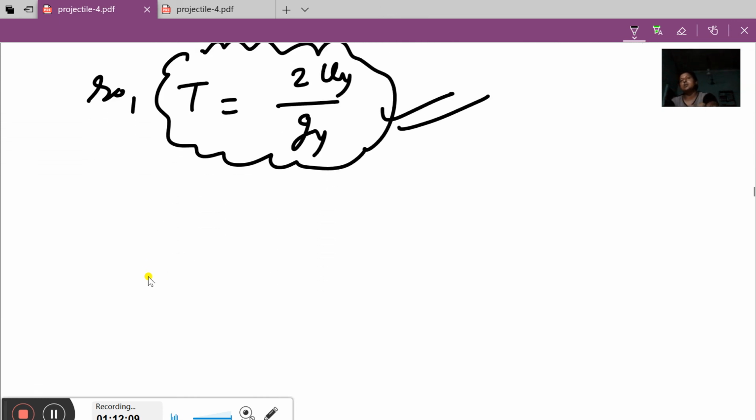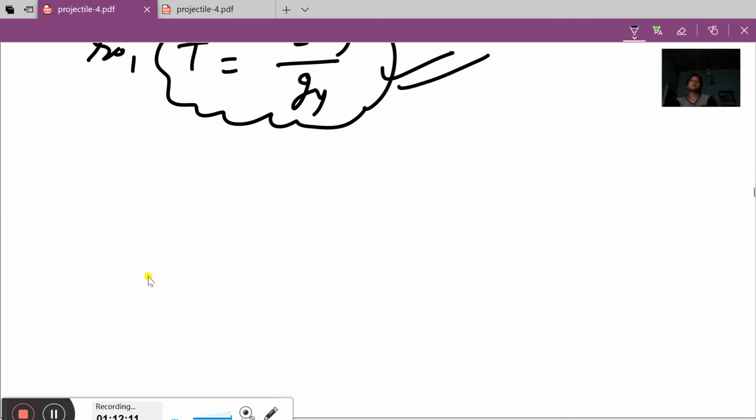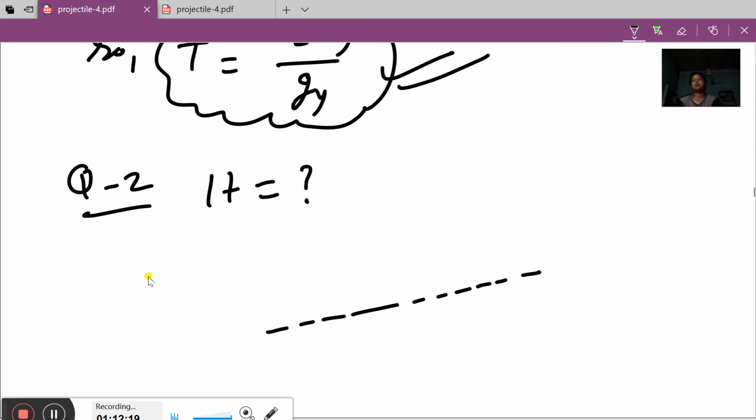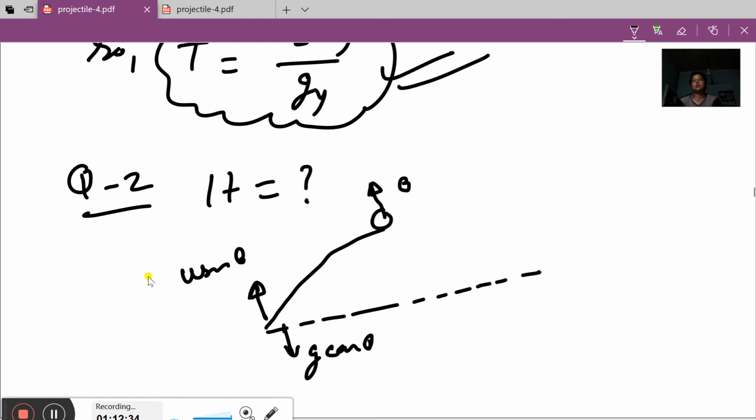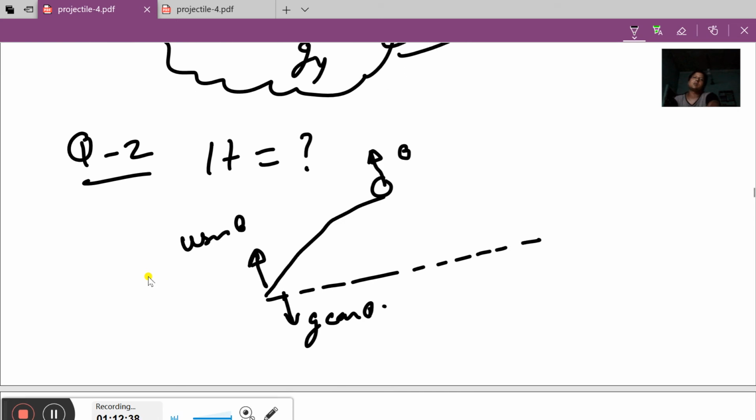What is greatest height? Greatest height h is what? If this is the plane of inclination, during motion, here vertical speed comes out to be 0, initial speed is u sin theta, retardation is g cos theta, and displacement is h.